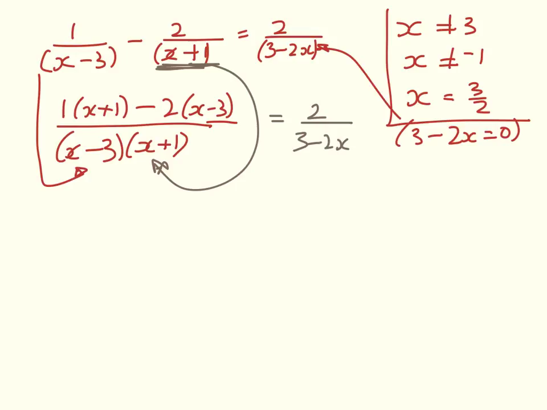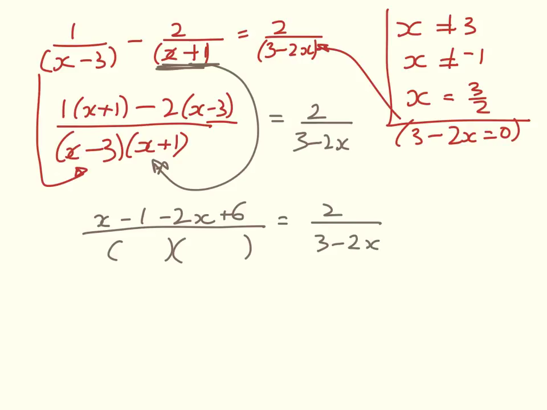Now expanding out the numerator, here I get x plus 1 minus 2x plus 6. Just watch out for your negative signs. And I'm going to leave the denominator like that. Now I'll clean up the numerator. So actually that's not x minus 1, that's x plus 1.